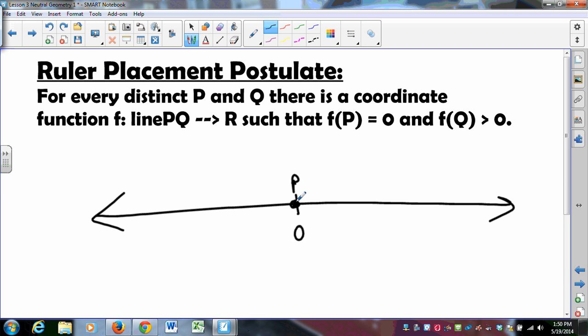If under a particular metric, P would have a coordinate of 5, I just subtract 5 from everybody's coordinates, and that allows me to quote unquote place my ruler so that I have a starting place. I've got 0. This is fairly simple to prove. It is proven in the text. It's an intuitive idea, which is helpful to us.